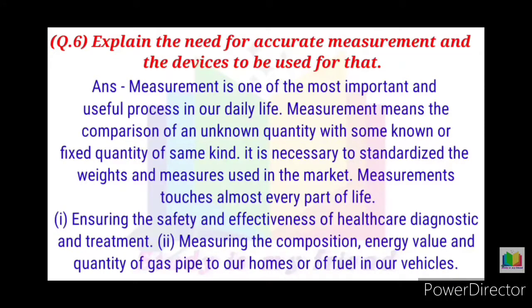So it is necessary to standardize the weights and measures in the market. Measurement touches almost every part of life, ensuring the safety and effectiveness of healthcare, diagnosis and treatment. Also measuring composition, energy value and quantity of gas in the pipe at our home or fuel in our vehicle. All these things we need to measure accurately.